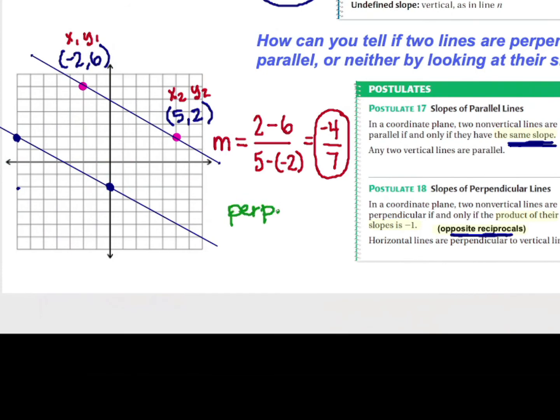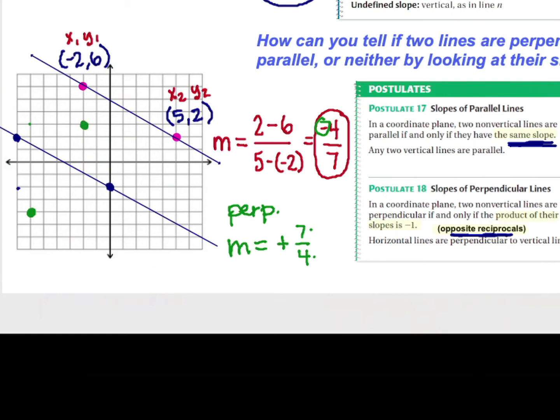Now perpendicular, you have to work a little harder at. Perpendicular slopes are going to be opposite reciprocals. So since this one was negative, I'm going to go with positive. And since this one was 4/7, I'm going to go with 7/4. So again, I'll start with just some random point and then use that slope, which is +7, +4, so up 7 and over 4.